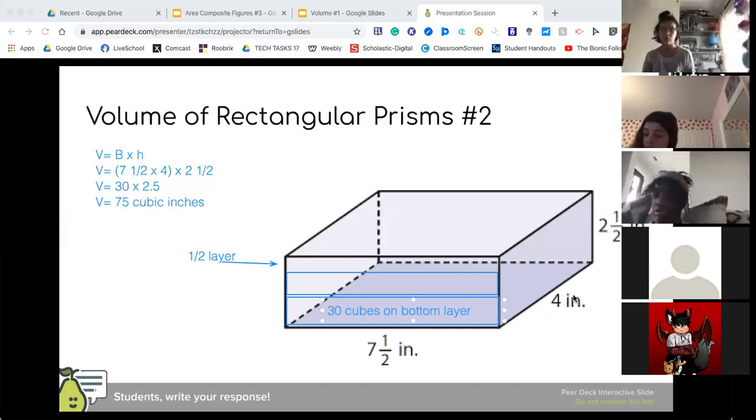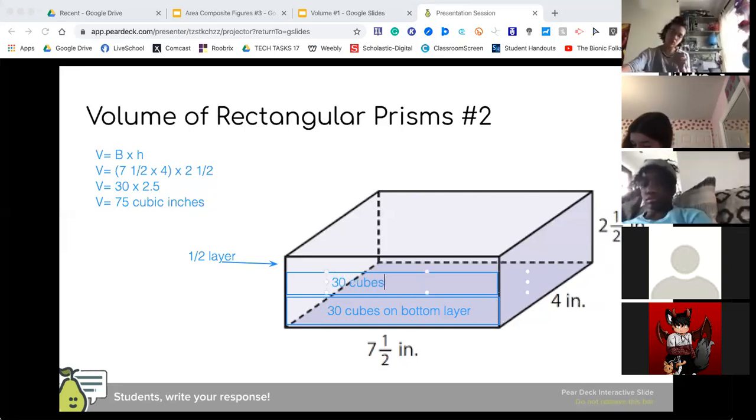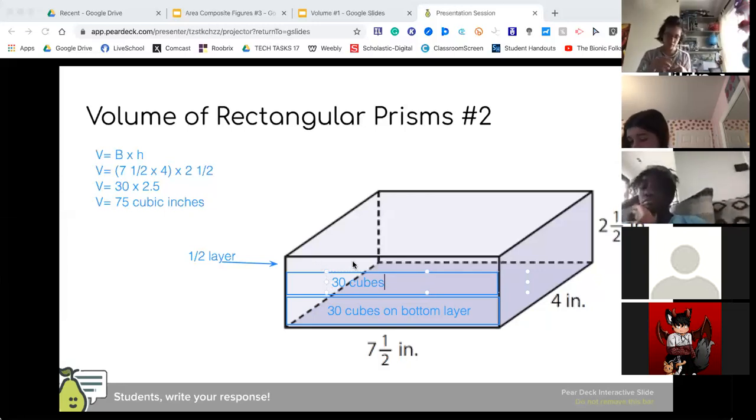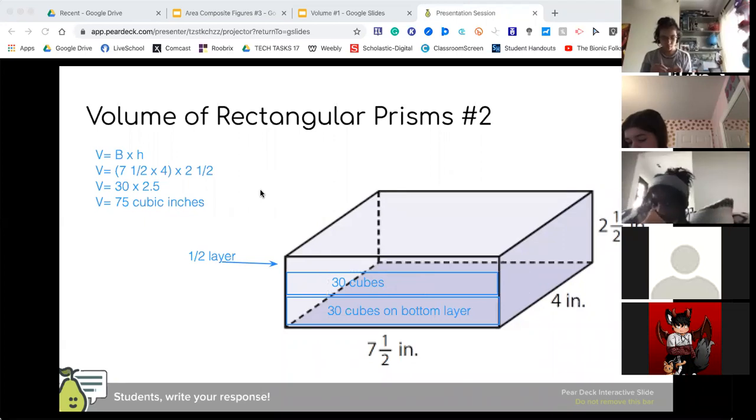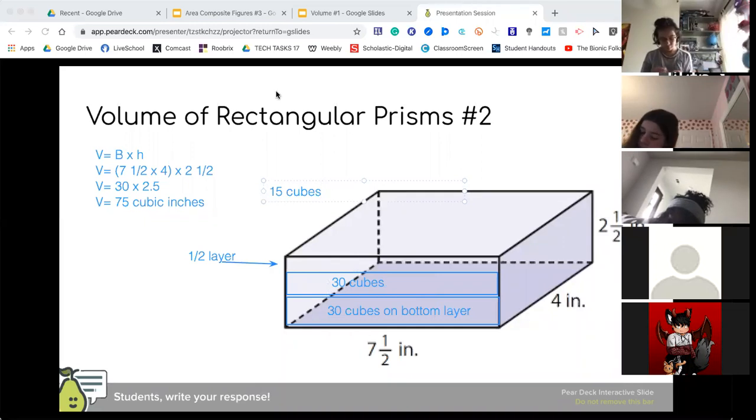Yeah. On the next row up, there is another 30 cubes. But on this half layer, how many cubes are there? 15. Right. So up here, I'm going to write 15 cubes. And they go right here on the half layer. 30 and 30 and 15 is your 75.